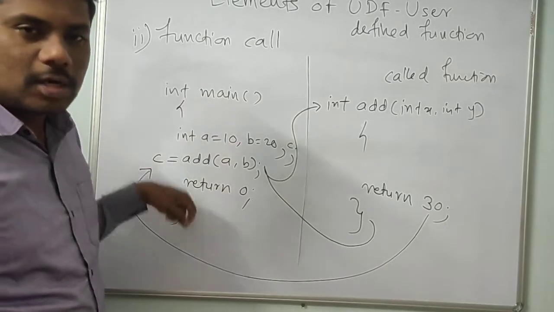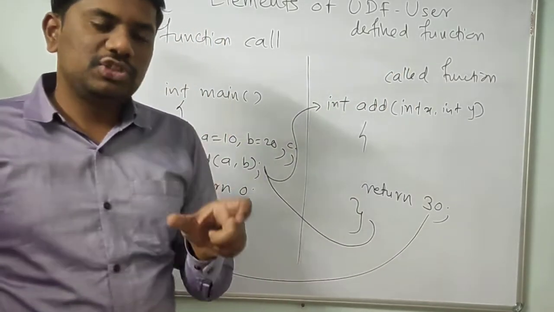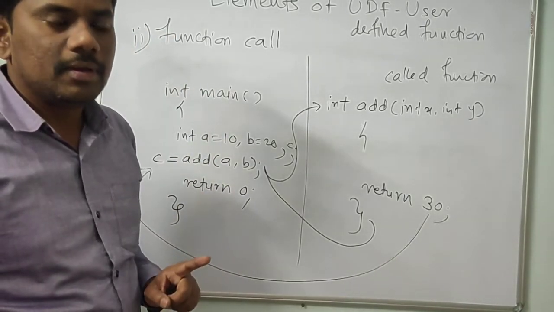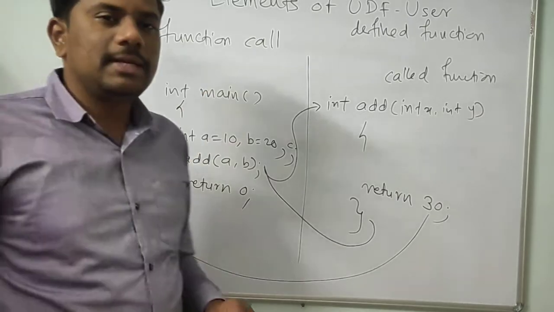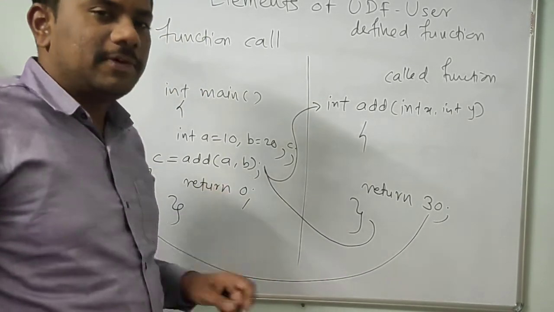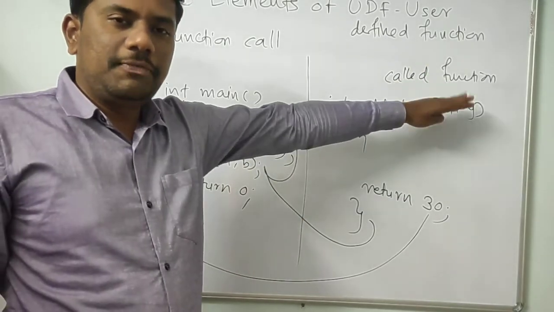So here main is a calling function and add is a called function. Your function call is present in the calling function, remember that. Whenever the compiler sees a function call, it will jump from that point to the function definition.